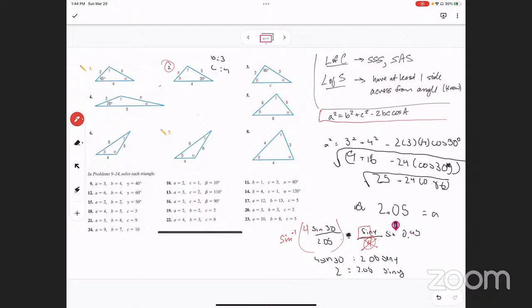Sine inverse of this equals y. So it's arc sine of 0.97.